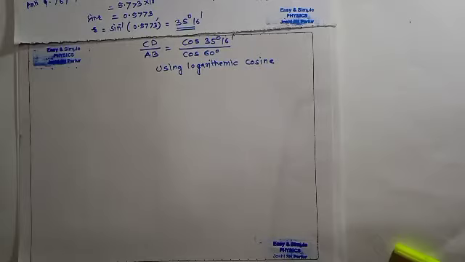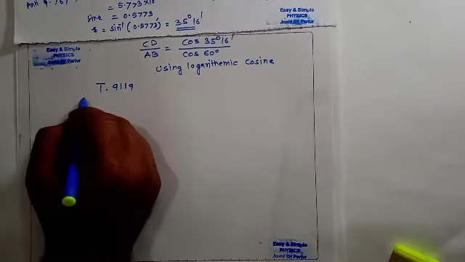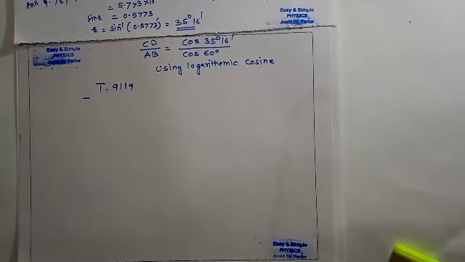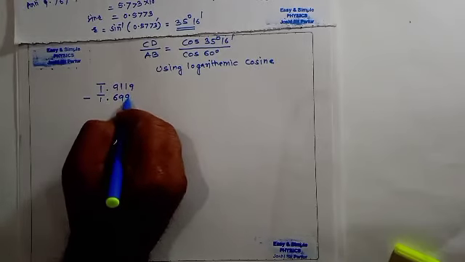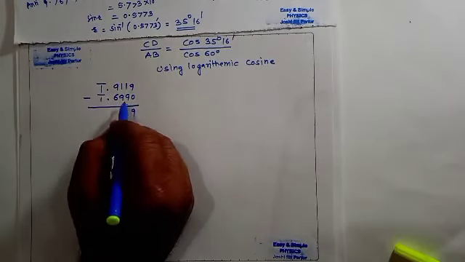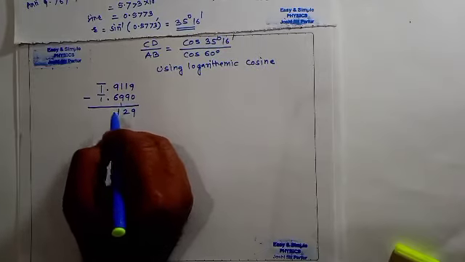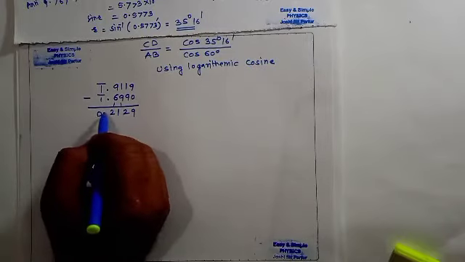35 degree 16 minute will be bar 1.9123, and 4 will be remaining, means 9119, minus 60. So here 60 will be bar 1.6990. If we subtract, here 9 is there, from 11 2 is remaining, from 11 1 is remaining, and here 2 is remaining, and 0 is there.